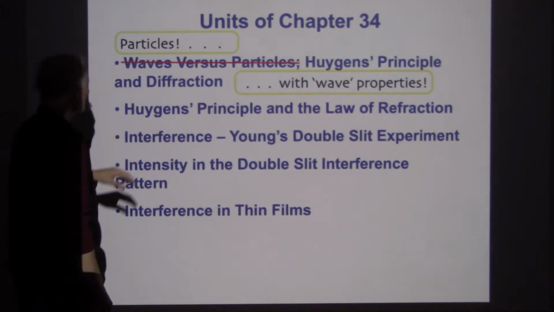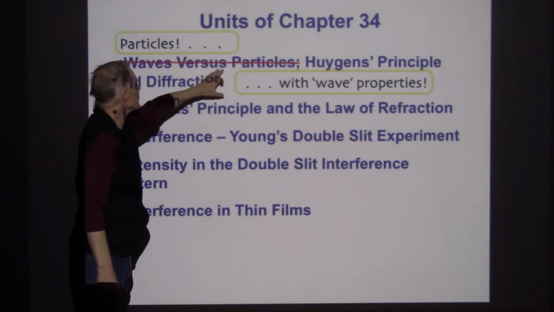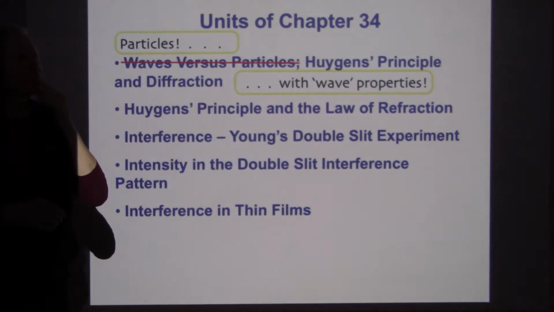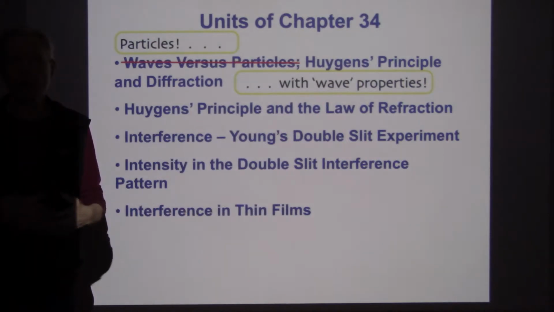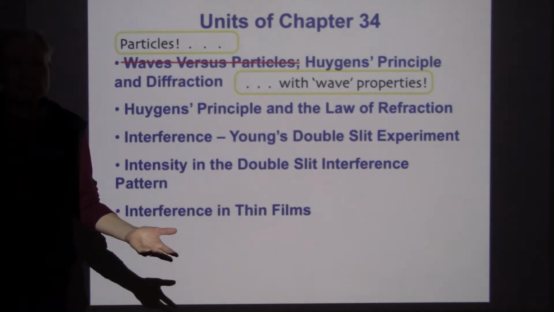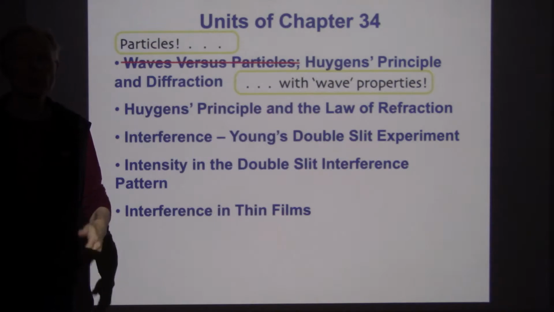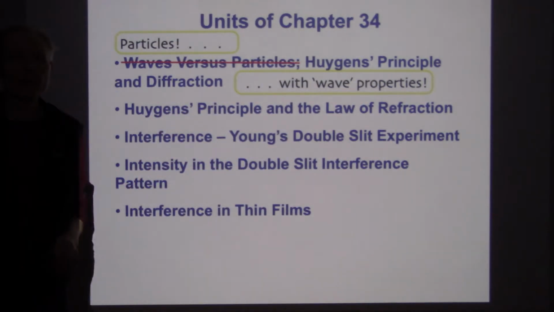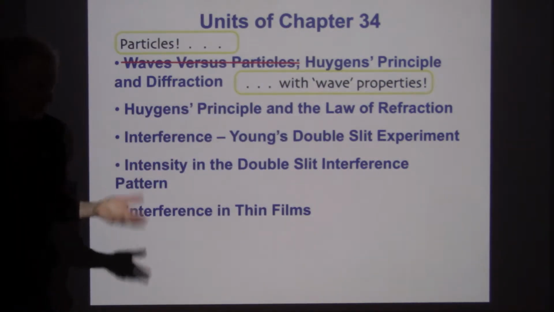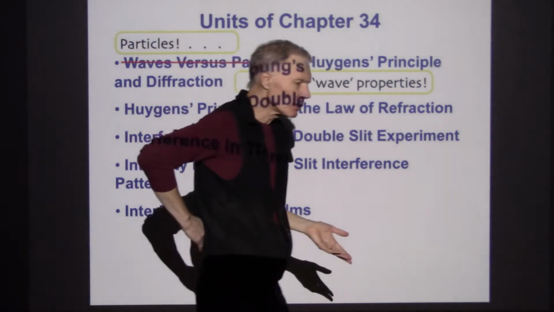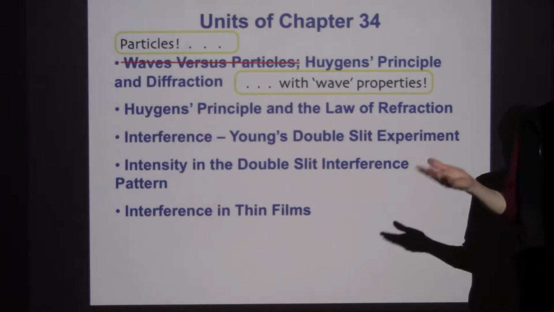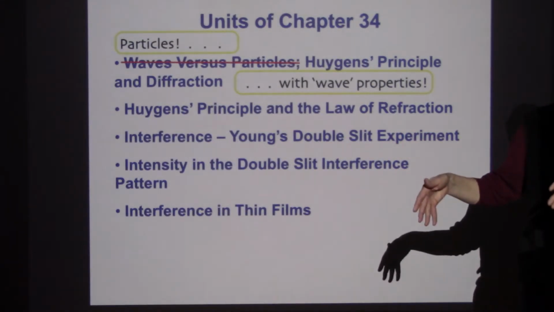But anyway, every time you see something that says wave versus particles, I just want to get rid of that. There's kind of this idea: is light a wave or a particle? And I think it's a mistake to tell light what it has to be. It either has to behave like this or it has to behave like this. It's absolutely established that light is made out of these elementary pieces, these elementary particles of light.